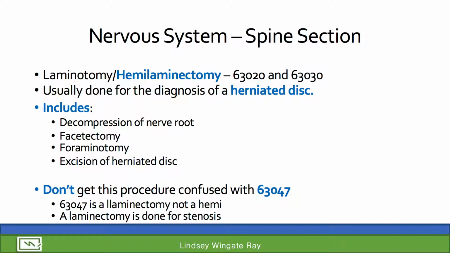You can write that around these codes. Don't get this procedure, 63030 or 63020, confused with a laminectomy, 63047. A laminectomy is not a partial hemi. A laminectomy is usually done for stenosis, not a herniated disc.